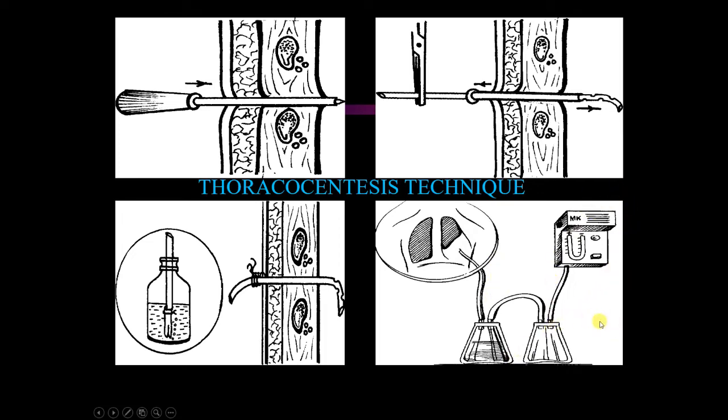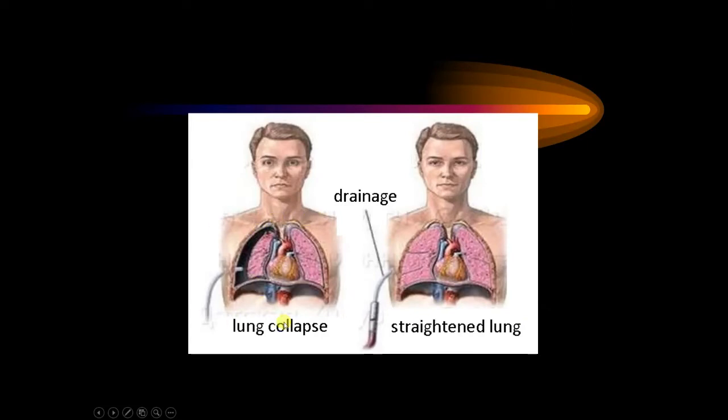Aspiration can be active or passive. When the patient breathes and coughs, the pressure inside the thoracic cavity increases and pushes air outside. To stop the reflux of air into the thoracic cavity, we put a valve at the end of the tube, and this procedure we call putting the drainage by the Bulau method.